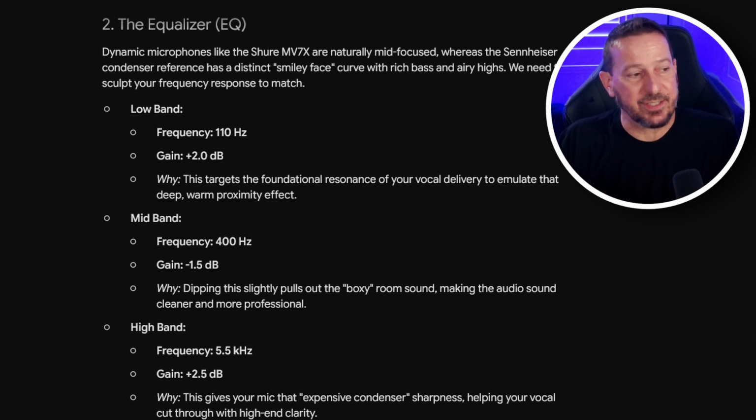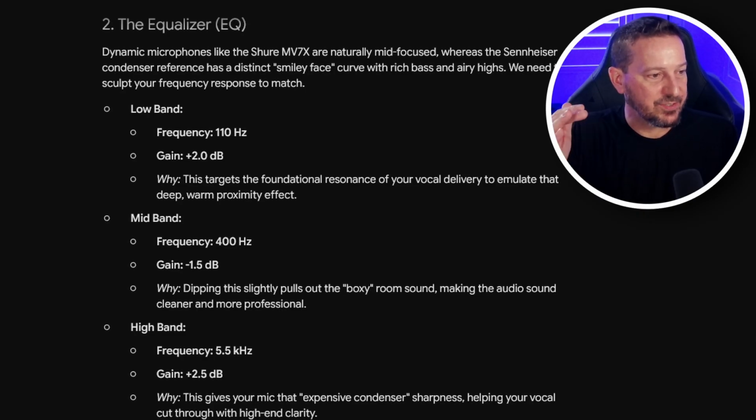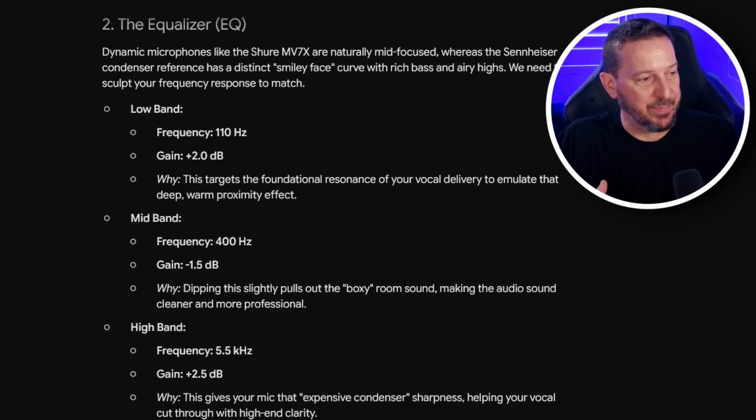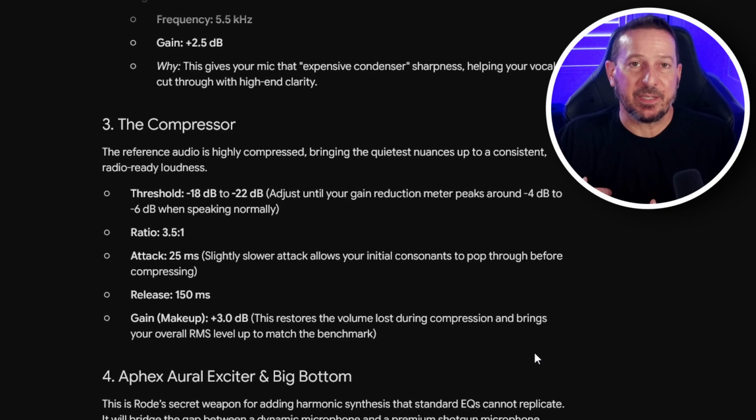Then we're going to set the mid band for 400 Hertz with a gain of negative 1.5 decibels. This actually drops down some of that mid range. And then we're going to set the high band of 5.5 kilohertz, or 5,500 Hertz, to a gain of plus 2.5 decibels. That'll give the mic more expensive condenser sharpness, helping my vocal clarity cut through with high-end clarity.